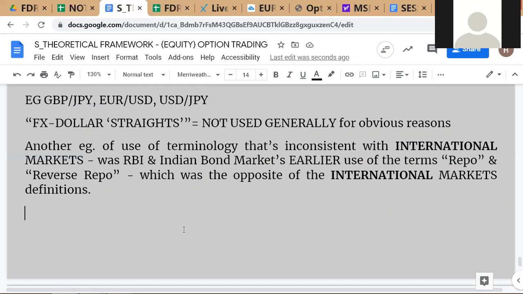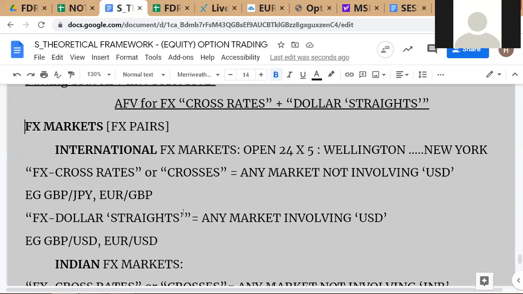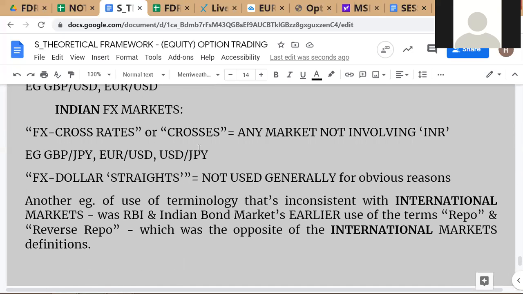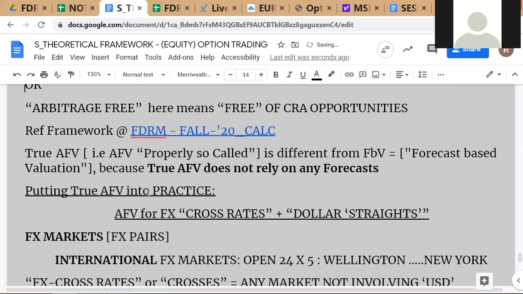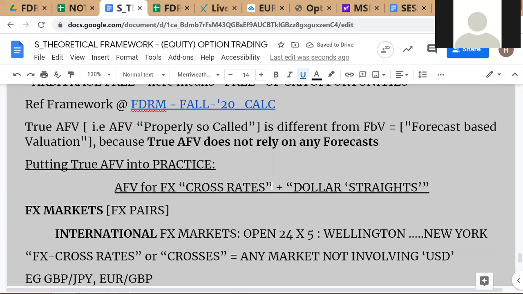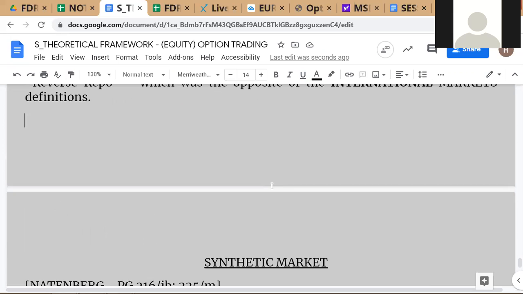We are going to see an application of AFV in foreign exchange rates. Let's look at examples.